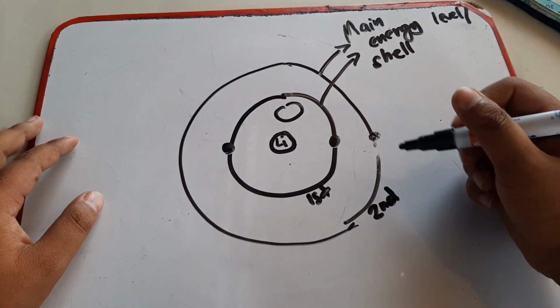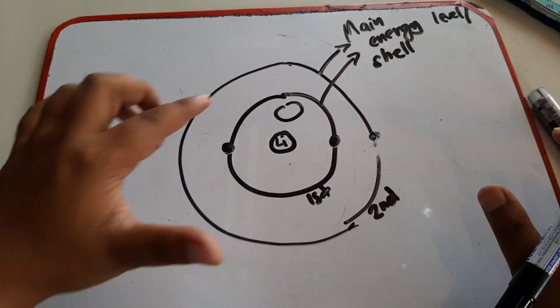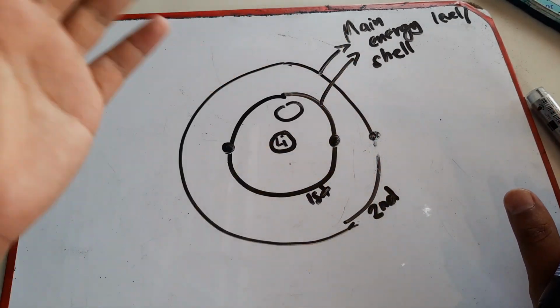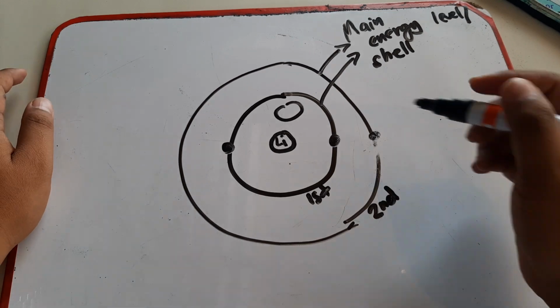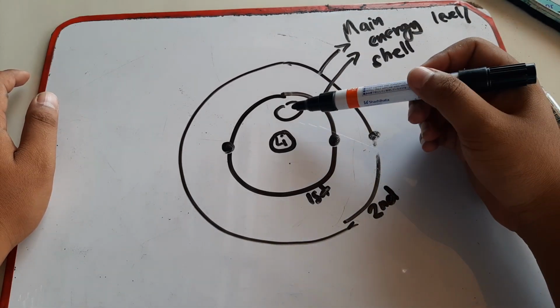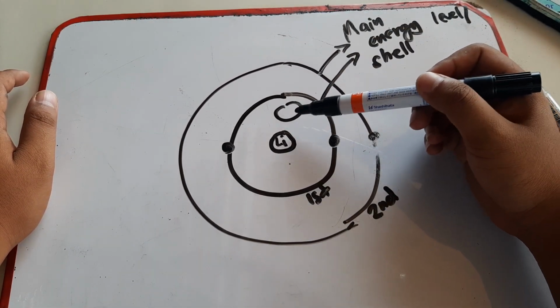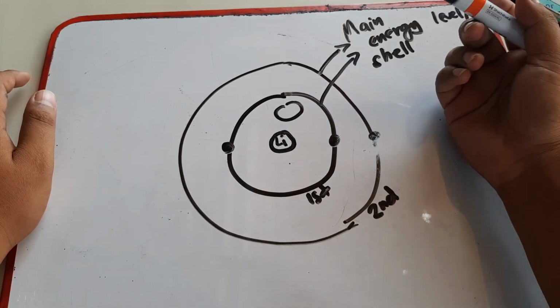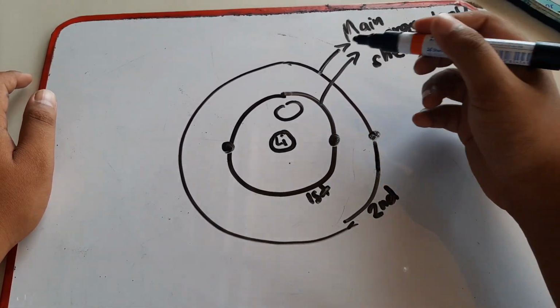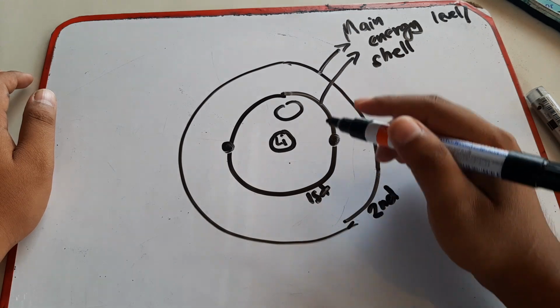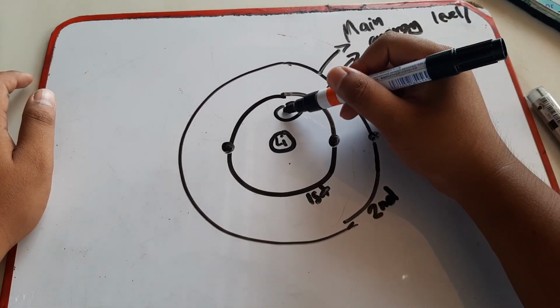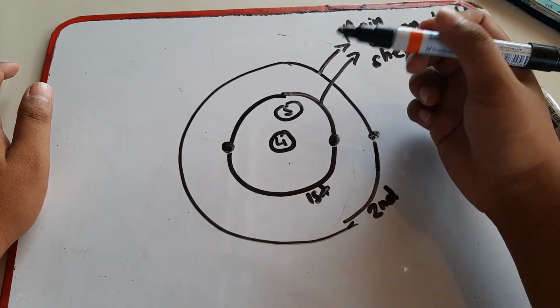This one is second. And if there are more orbits, that would be your third energy level. So for every energy level, there is one sub-energy level. And we will label it as letters. The S. So, I'll use S.